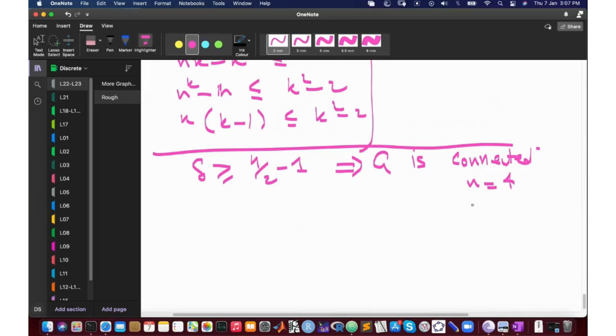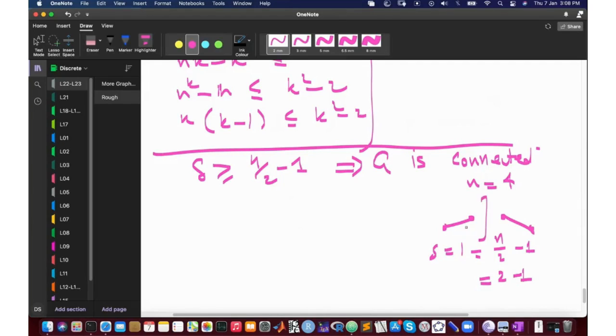Then you can have a disconnected graph. Everyone has degree, minimum degree is 1, which is equal to n over 2 minus 1. Is it true? Yeah, this is a problem. n over 2 is 2, minus 1 is 1. We have a disconnected graph.